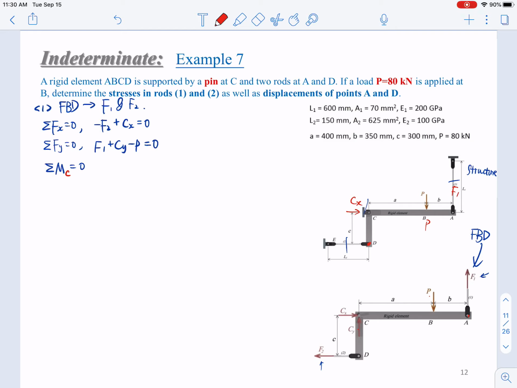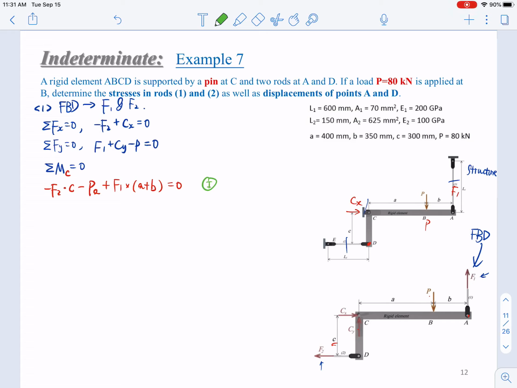This will be, counterclockwise as positive, negative F2 times the arm, which is C here, minus PA, then plus F1 times, what is the arm of F1? A plus B, equals 0.